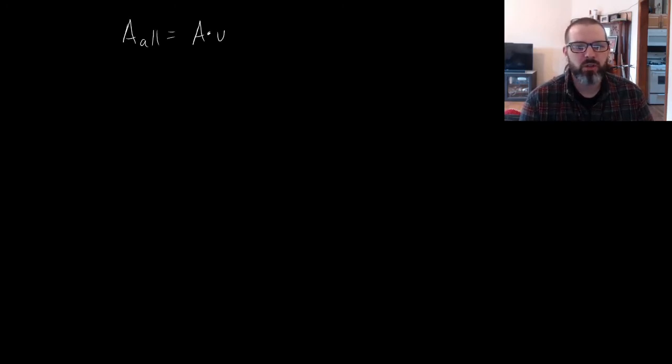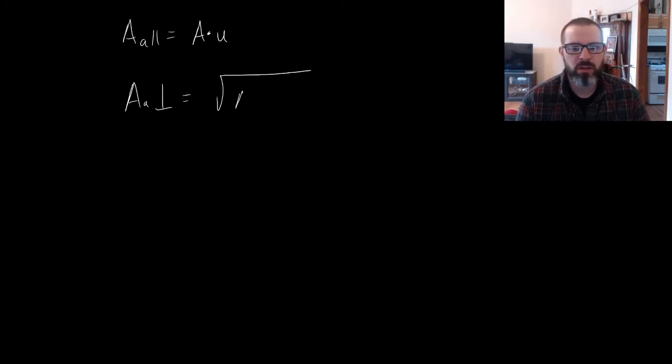Now, once we know that the force parallel to line A, and I'll call it A sub A, is equal to A dot U, or the dot product between A and the unit vector representing the line, we can use the Pythagorean theorem to find the perpendicular component, A sub A perpendicular, by just saying that it is equal to the square root of A squared minus A sub A squared.